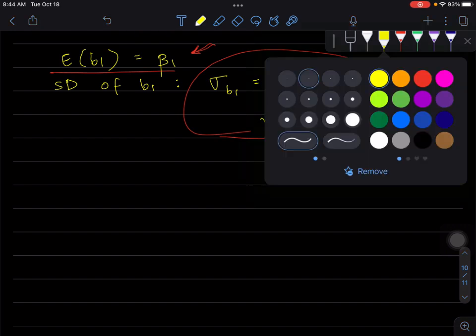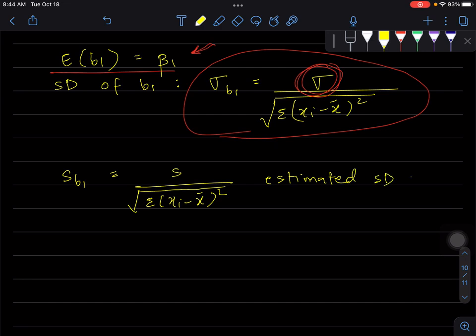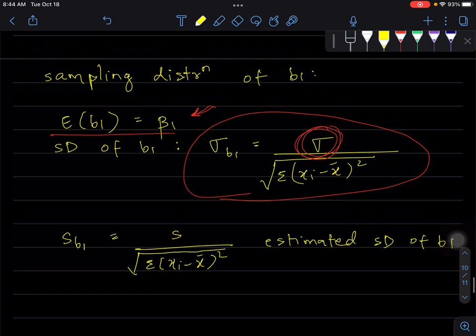And we're going to call that s_b1. And s_b1 is that. And this is going to be the estimated standard deviation of b1. Now why are we doing all of this?